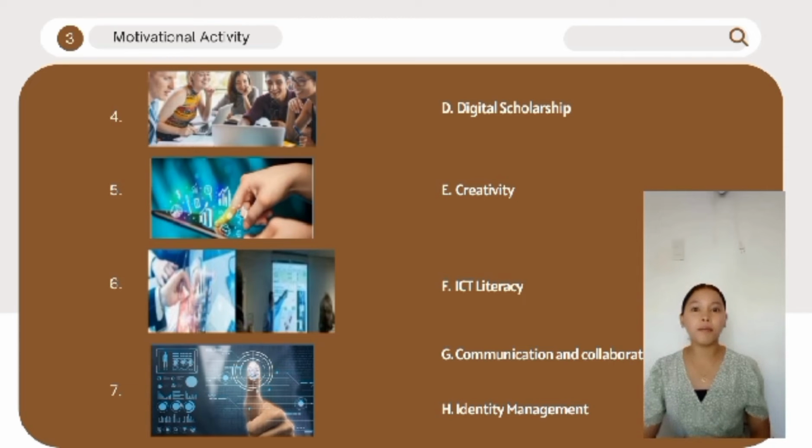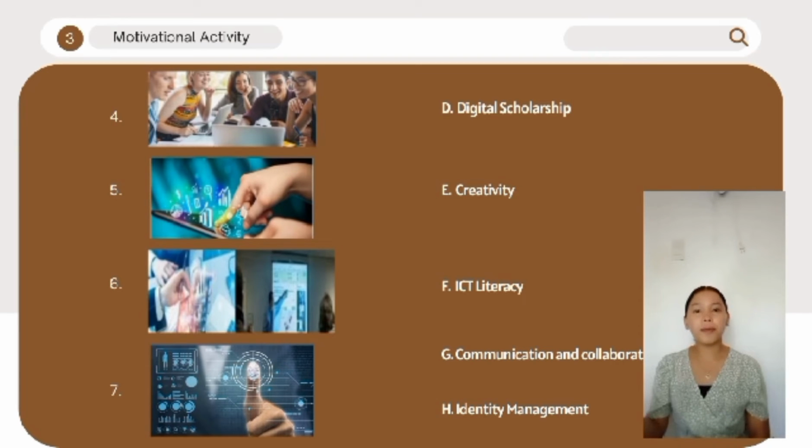So for the number 7, who wants to answer? Very good. That's right. The answer for the number 7 is letter H. The letter H is identity management. Very good.